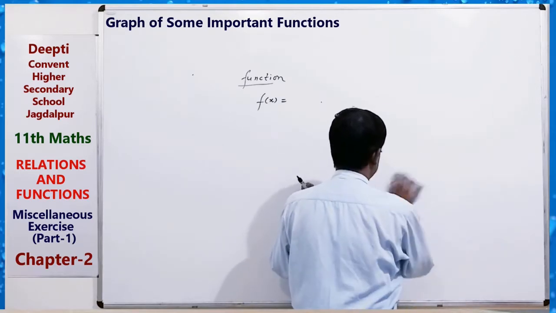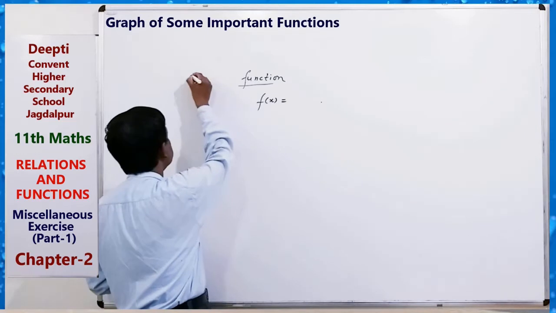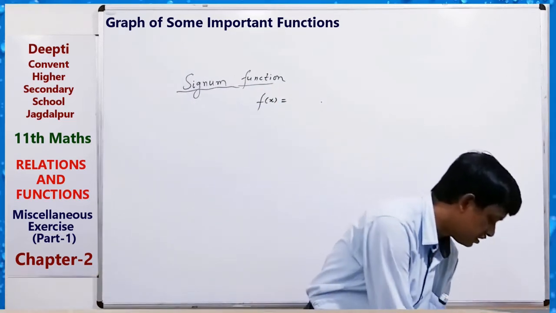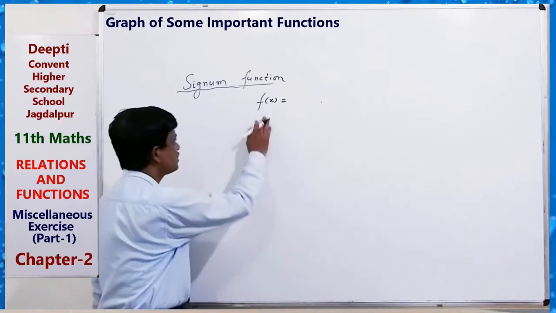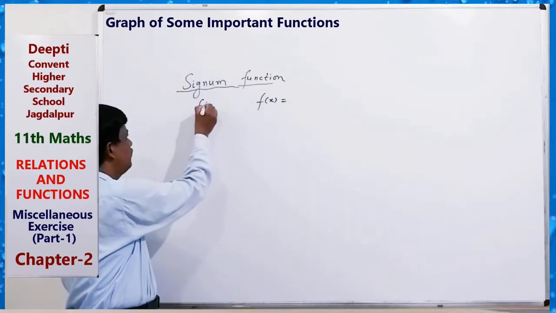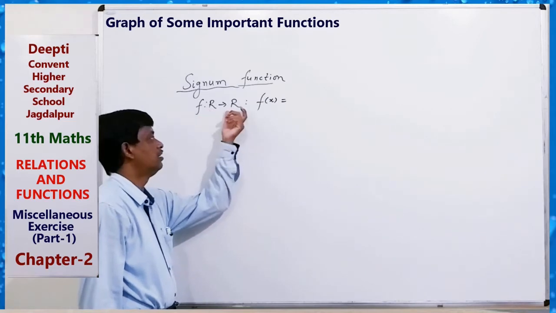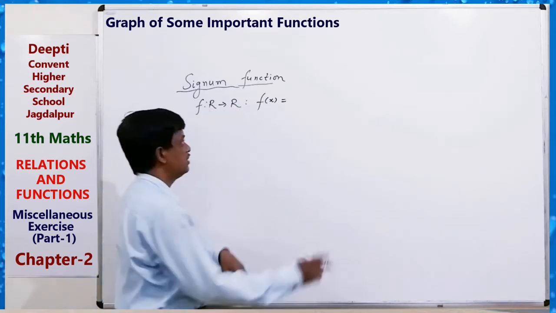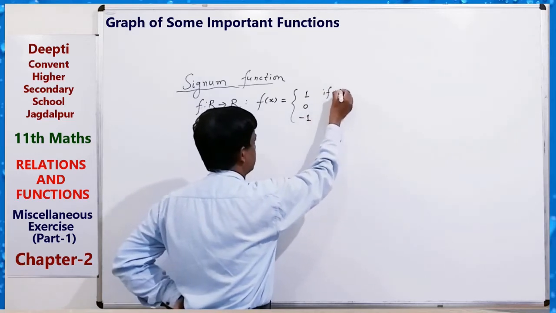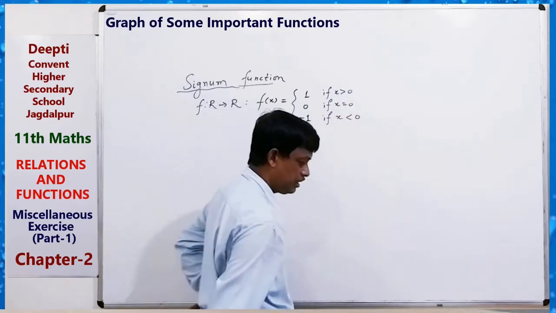Okay, so we can define the signum function in breaking form like this: f from R to R such that f(x) equals, meaning the domain is the set of real numbers and the range is a subset of this, that is, in the breaking part, 1, 0, minus 1, if x is greater than 0, if x equals 0, if x is less than 0.